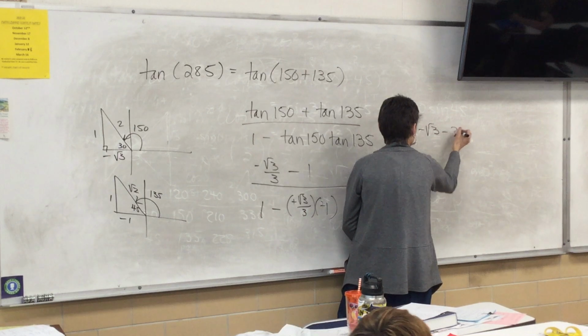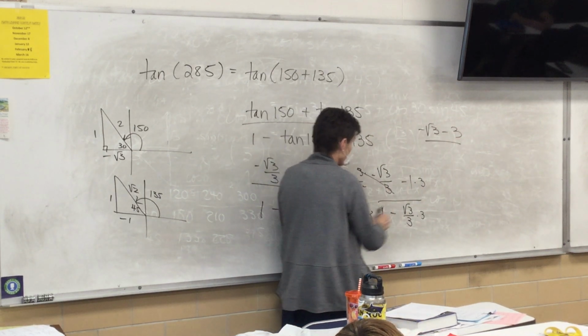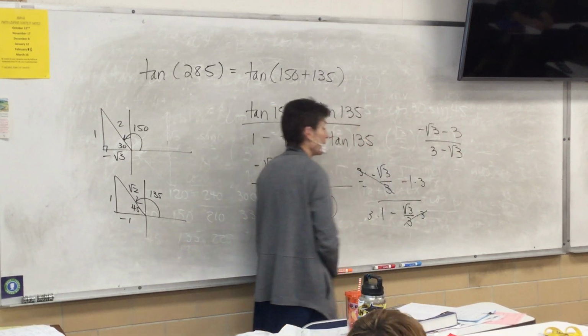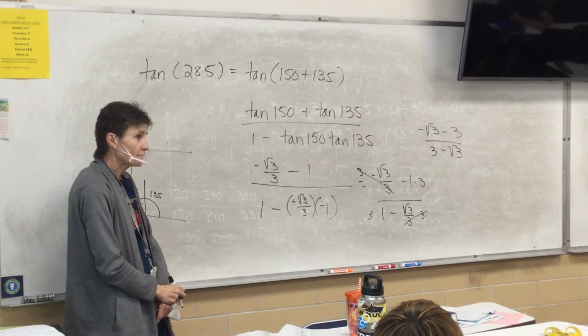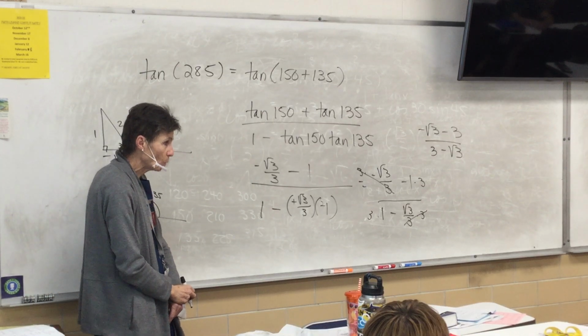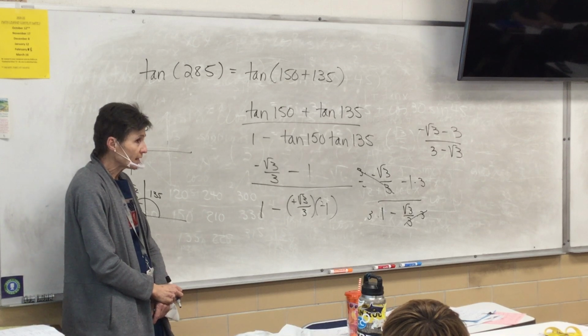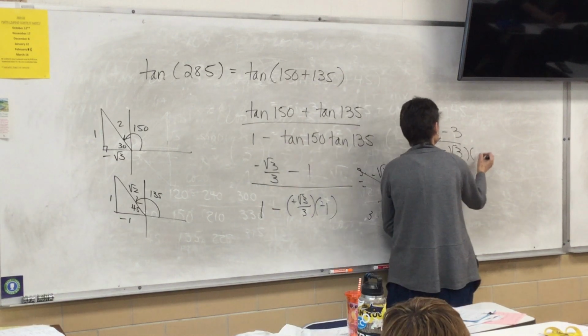Negative root 3 minus 3 on top, negative root 3 minus 3, over 3 minus root 3 on the bottom. Those are not the same. Please don't cancel them out and say 1. You see you have an extra negative? So they don't cancel. Nothing cancels. We're going to multiply top and bottom by the conjugate.